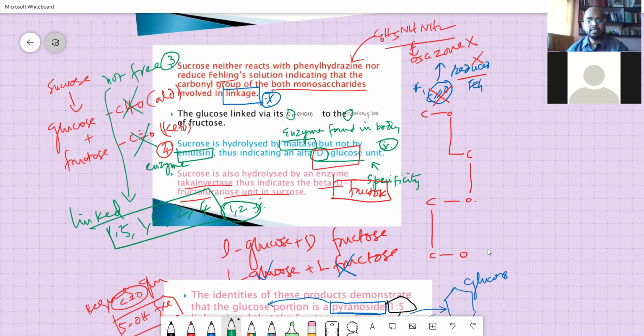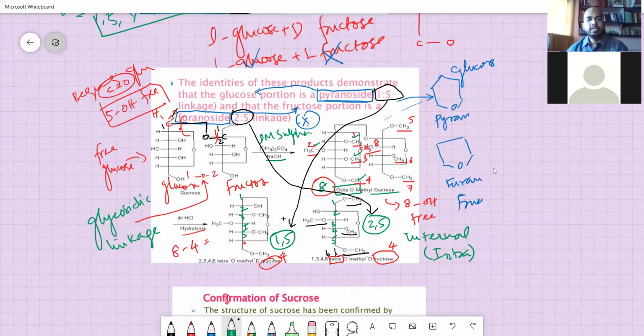And then in the next sequence of the reaction, we have treated with dimethyl sulfate and formed octamethyl sucrose, which suggests the presence of the 8 free hydroxyl groups, and that also indicates that the other oxygen atoms are linked together by means of a 1,5 internal and 1,2 intra.